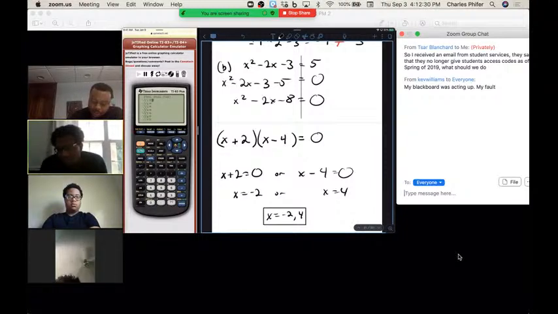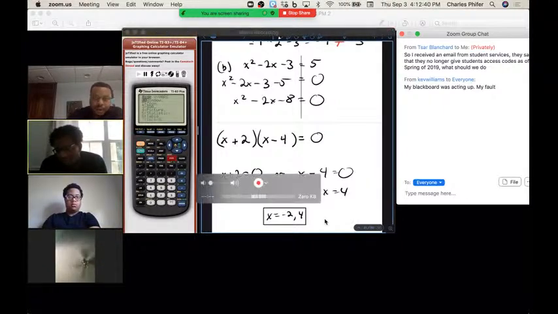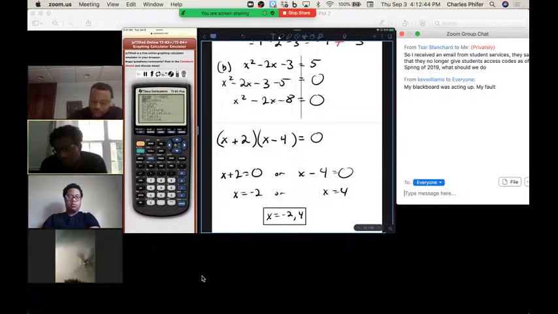I'm going to type x squared minus 2x minus 3. I'm going to quit. To the left of the clear button is the variables, VARS. I'm going to go over to Y variables, click number 1, and call the function I just typed in. And then when x is -2, again, the answer should be 5. And when x is 4, the answer should be 5 as well.